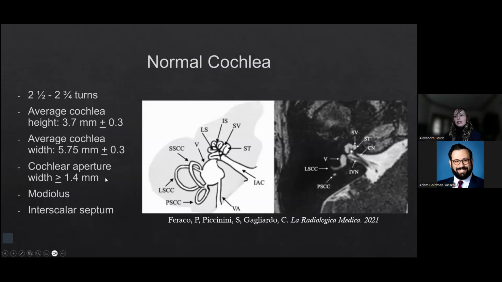If you carefully check the width of the aperture and you notice that it's less than that, you might recommend an MRI, because when the aperture is too small, it often indicates that the cochlear nerve is either hypoplastic or completely absent. And then, you should have, as we mentioned, the sort of normal modiolus cone in the middle and the interscalar septa extending out to separate the turns.